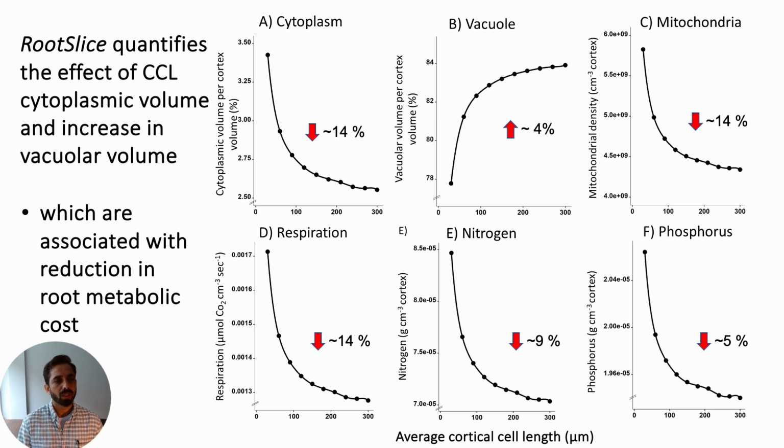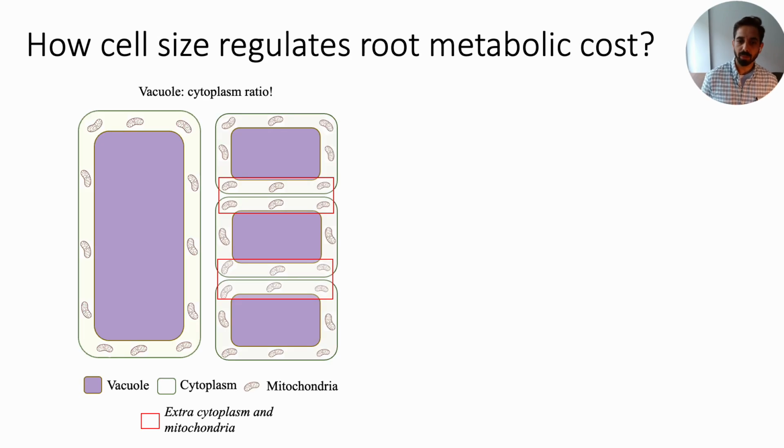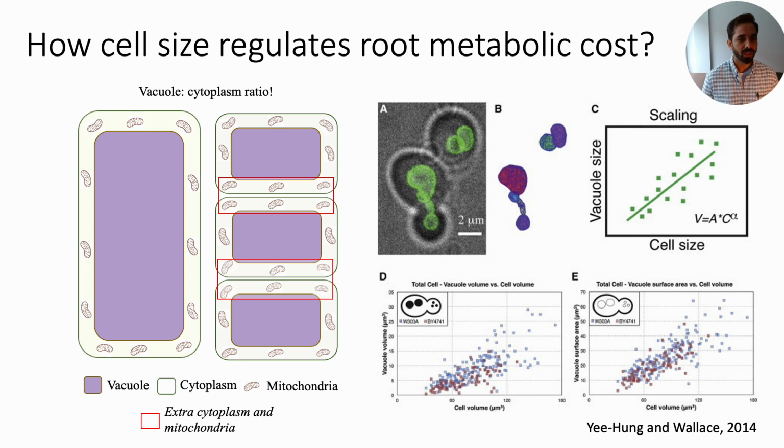With the modeling results, we confirmed our previous hypothesis, proposed in 2013 by Jonathan Lynch, that the larger cells have a lot of the volume occupied by vacuoles, which leads to a reduction in the active volume. So here you have three smaller cells, and what could have been occupied by vacuole is now being occupied by cytoplasm.